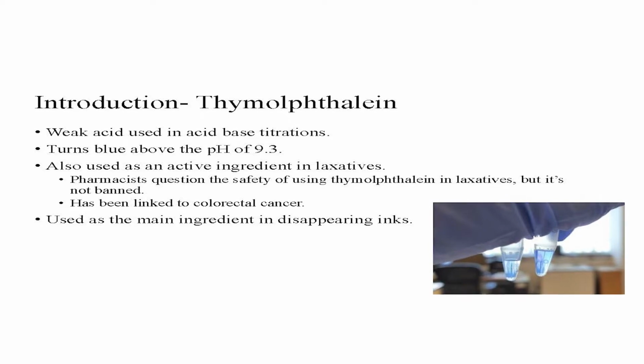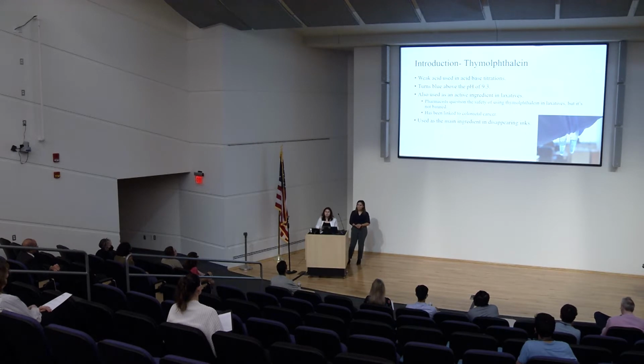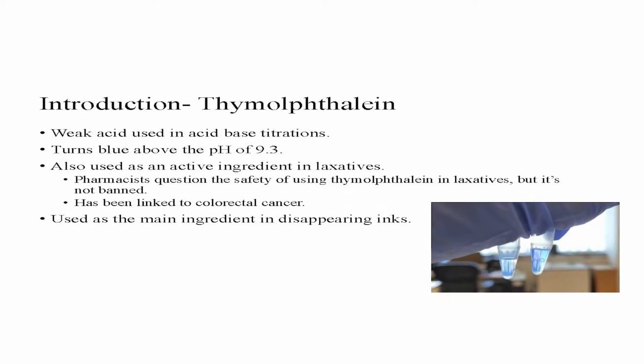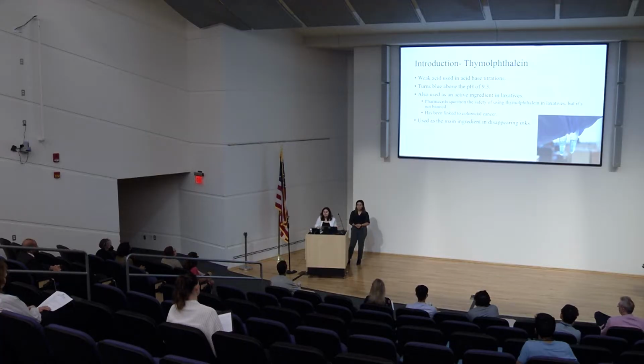Thymolphthalein is commonly used in laxatives. Unlike phenolphthalein, it has not been banned yet. However, there has been a shift toward using fiber-based laxatives instead of thymolphthalein-based laxatives because it has been linked to side effects such as vomiting and rectal bleeding. It has also, in rats, been correlated to colorectal cancer. Again, the FDA has not banned thymolphthalein quite yet.